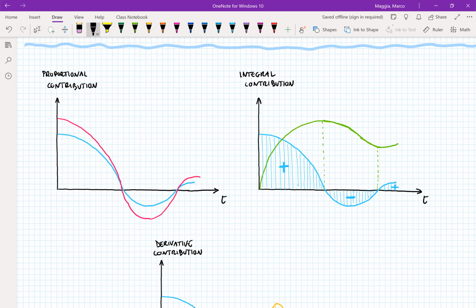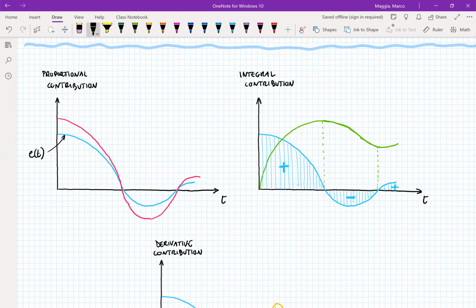So let's say that our error function is this blue curve over here. Now I'm focusing on the top left plot, in which we're looking at the proportional contribution of the PID controller. So E of t is our error. It's an error function that changes with time.